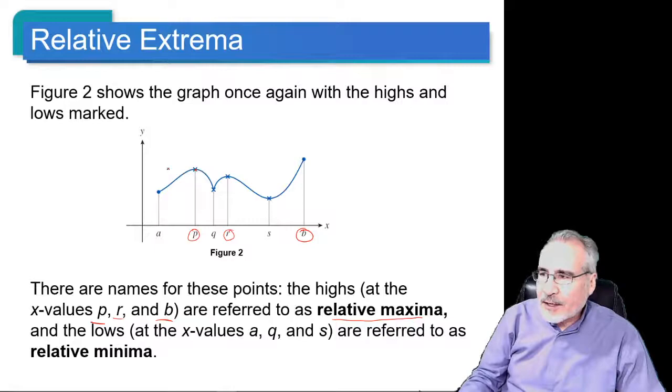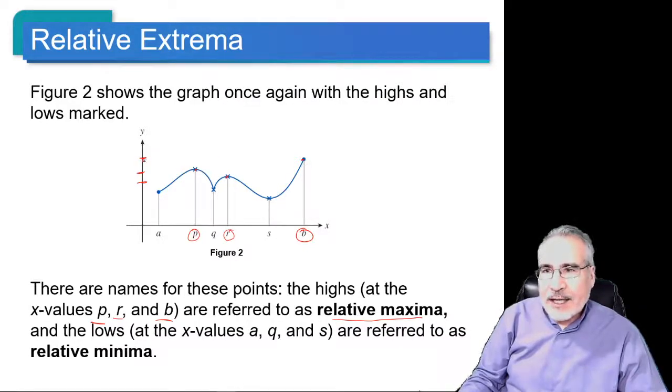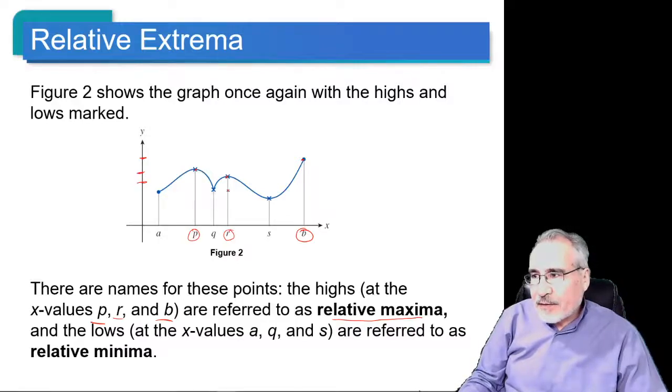So it's the y values that give us the ability to see which one, in comparison. We can see over here that b is going to be our absolute maximum because it's got the highest y. These others are relative maximums for their area, but they've got various different ones.